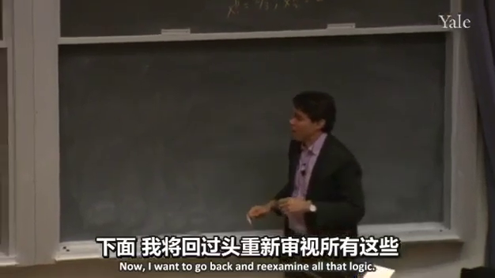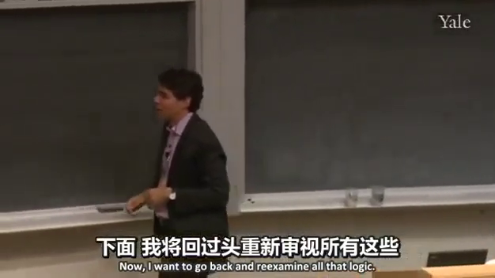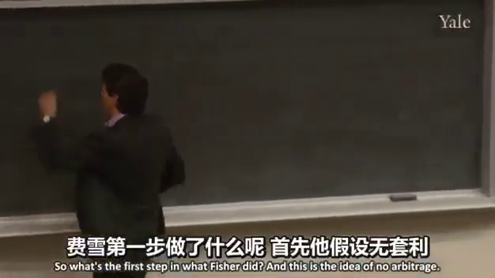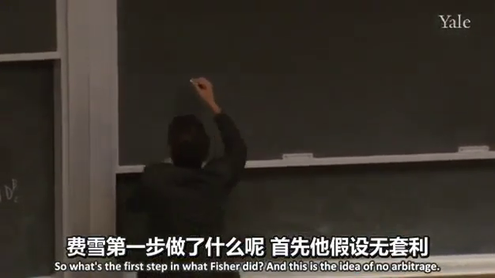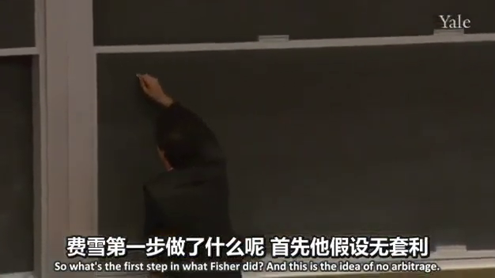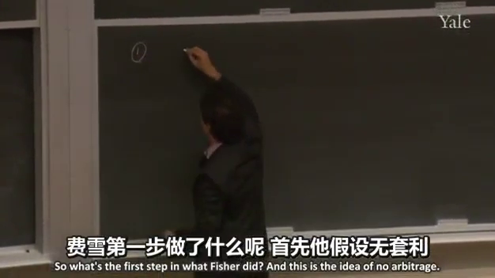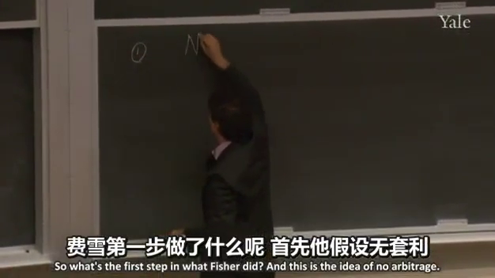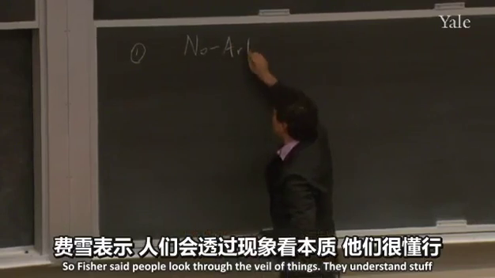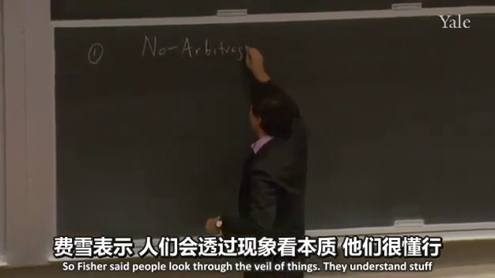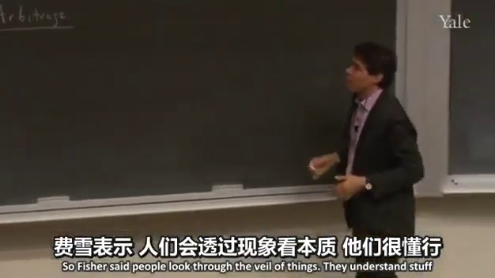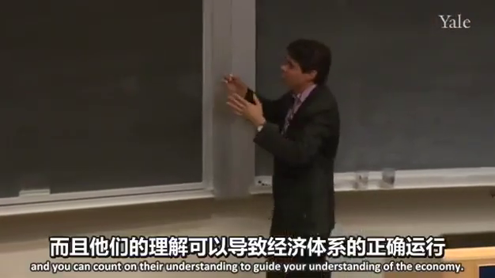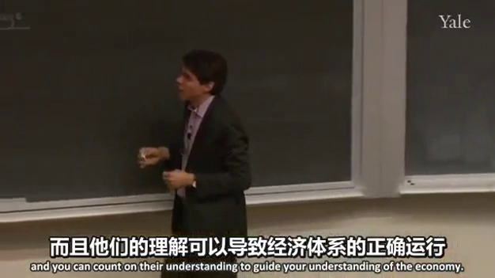Now I want to go back and re-examine all that logic. Okay, so what's the first step in what Fisher did? Okay, and this is the idea of no arbitrage. Fisher said people look through the veil of things. They understand stuff, and you can count on their understanding to guide your understanding of the economy.